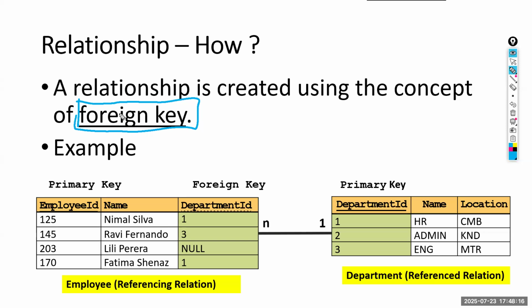How to create a relationship in a relational database, use foreign key. So if someone asks what is primary key, the field that we can use to uniquely identify a record in that relation or table. If someone asks what is foreign key, you must have a very precise answer. So that is called confidence.